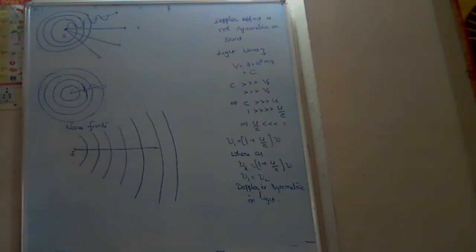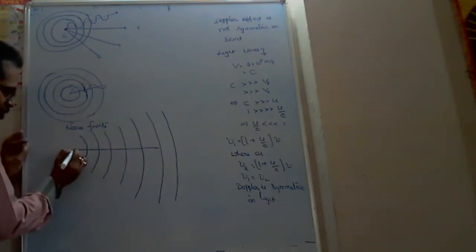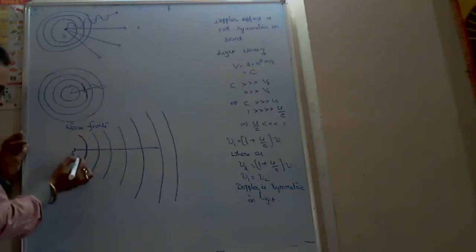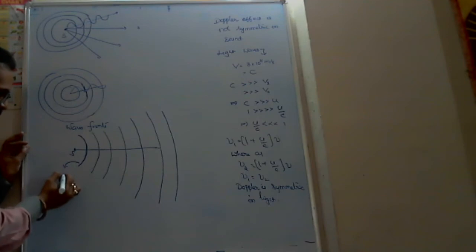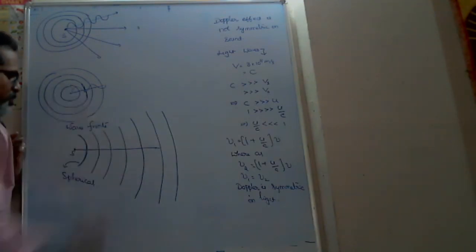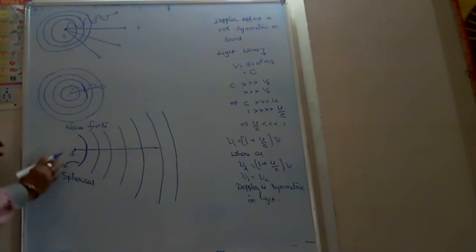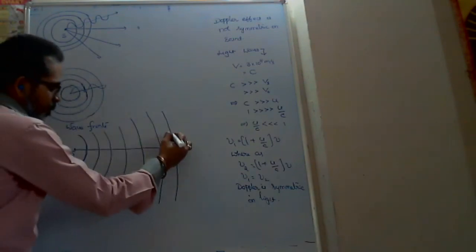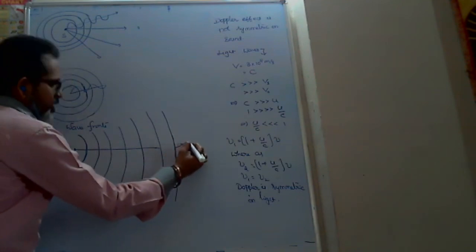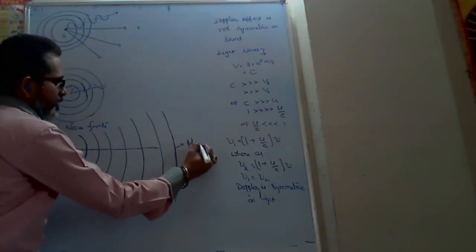What does that say about the source? When you are close to the source, the wavefronts appear like spherical wavefronts, and when you go away, they appear like flat surfaces. That's why these wavefronts are called plane wavefronts.